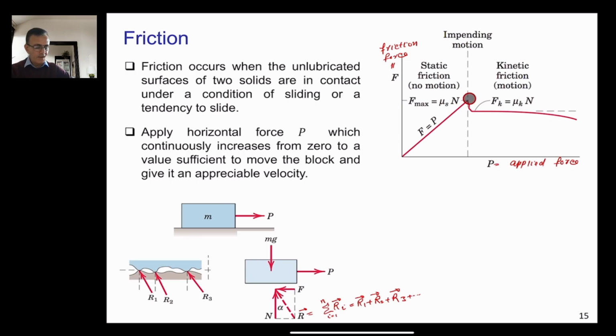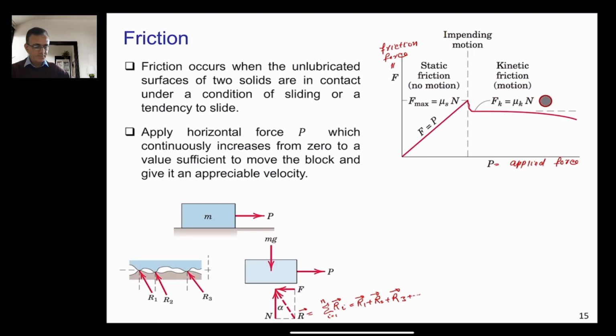So the body will start to move, and this maximum friction force is written using this equation here: maximum friction force is equal to mu s N. Then the body starts to move, and you will have this friction force, which is what we call mu k N. Before this point, because the body is stationary, not moving, we call this force a static friction, because there is no motion.